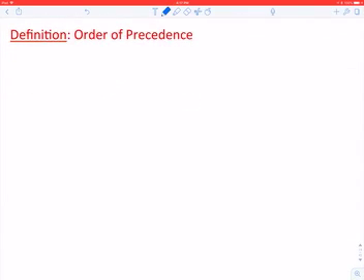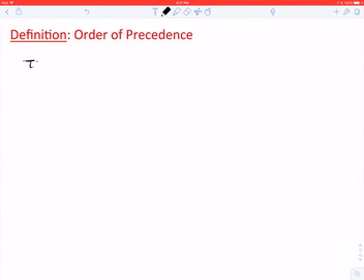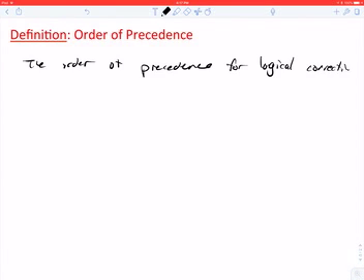Okay, so now we can talk about order of precedence. As we do this propositional calculus, the order of precedence for logical connectives is the following.